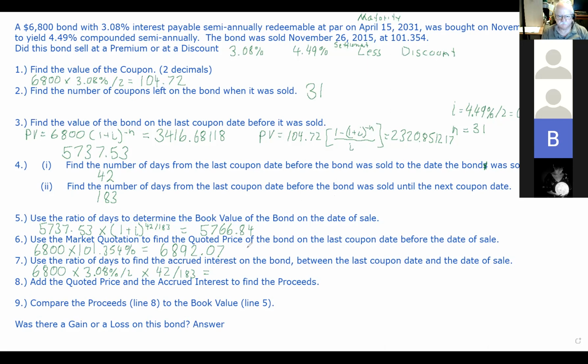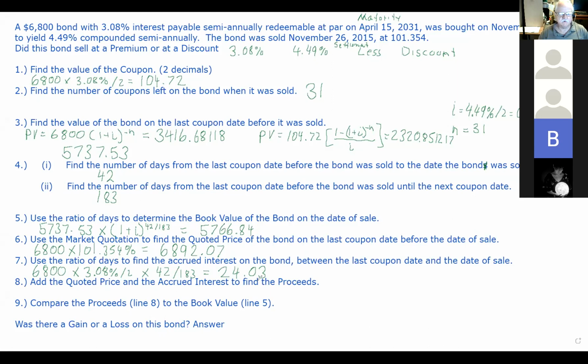And I'm getting 24.03. So we did this previously, and I don't think I used the face value of the bond here. I think I used the market quotation or some other number. I'll have to go back and look at it because this is working out perfectly now.